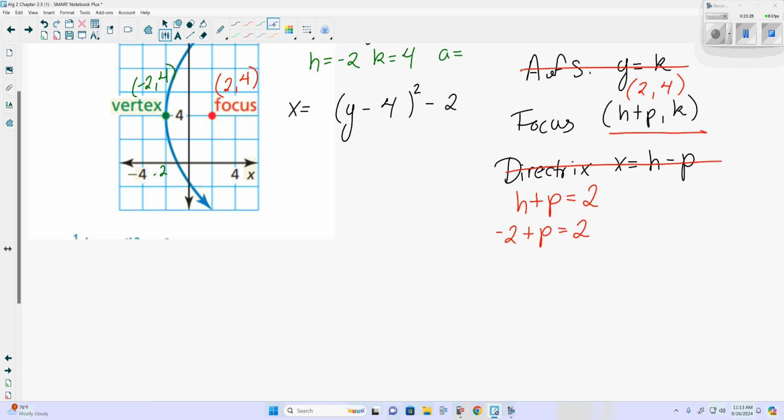Now I just need to solve for P. And the way we can solve for P is by adding 2. So P is equal to 4. Questions on this here? Now to find the value we plug in, we need 1/4 times whatever P is. That gives us a.